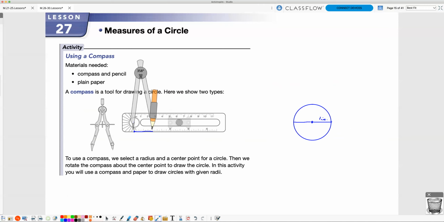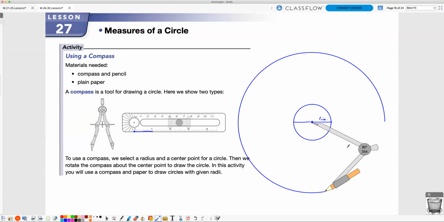If I wanted to make a circle with a radius of 2 inches, I would go out to 2. If I wanted to make it 2.5, I go to 2.5 using a ruler and a compass. A 4 inch radius would just mean this. If I was to go out here, let me put it in the same position, right here, the center. I'm going to put the center of the compass on the same center as I had before, and I'm going to make a circle around that.